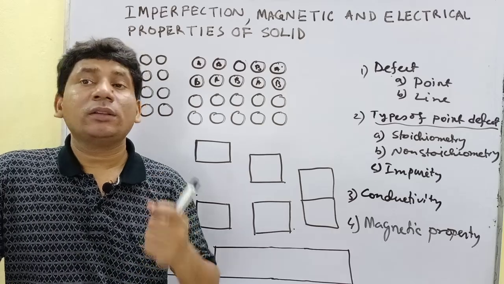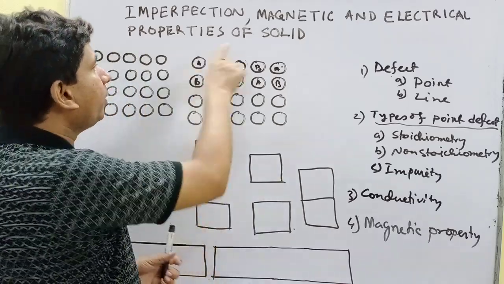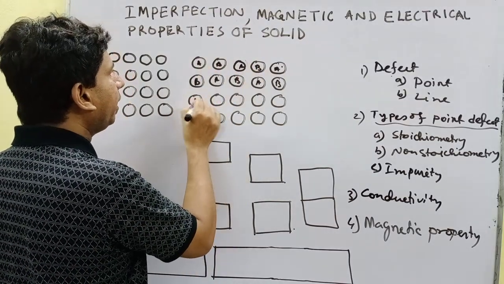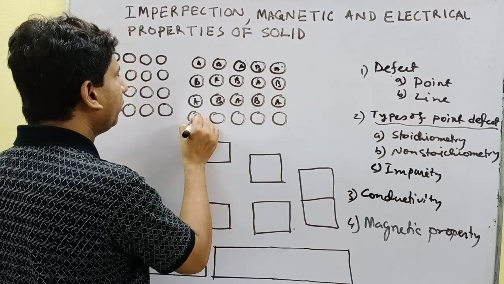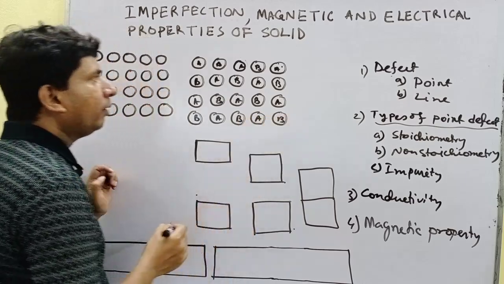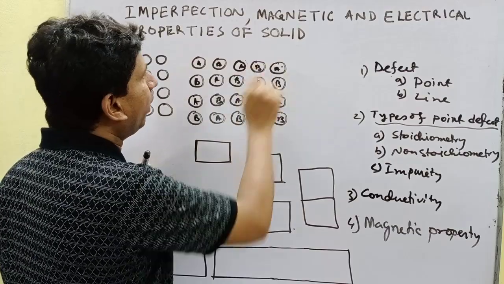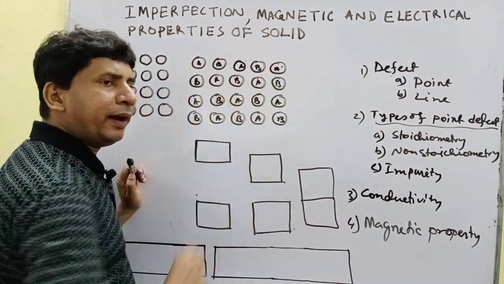What happens? They do not disturb the stoichiometry. That means if it contains A, B, A, B, A, B, A, B, A, B, that means it contains 20 atoms.